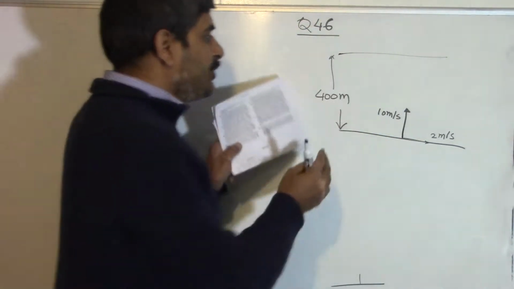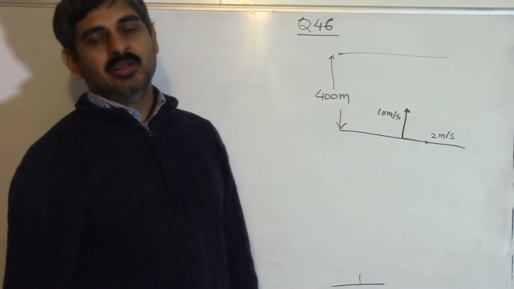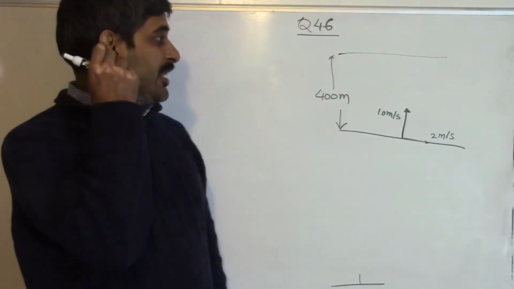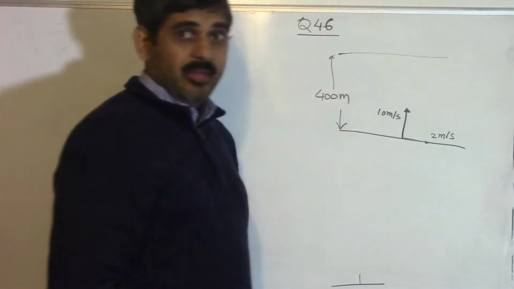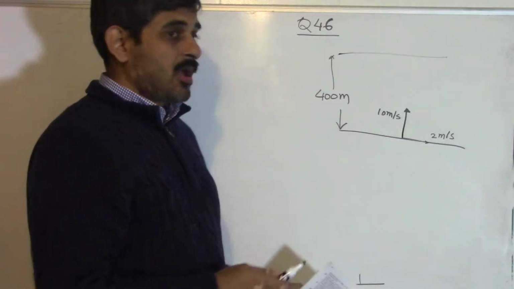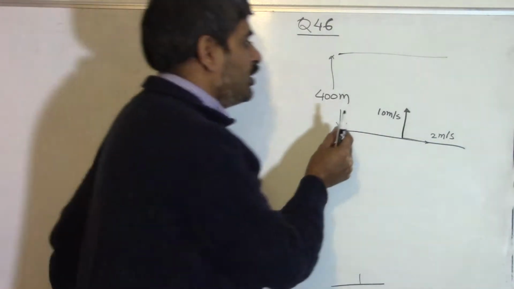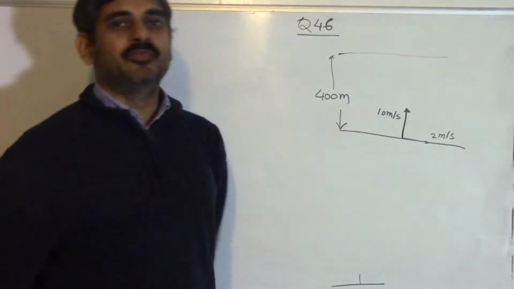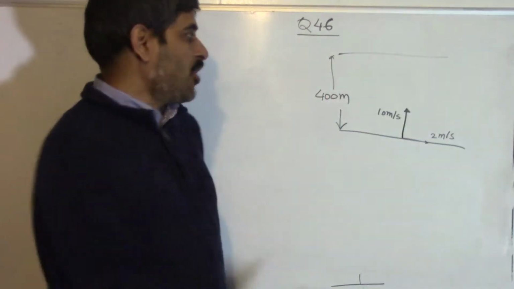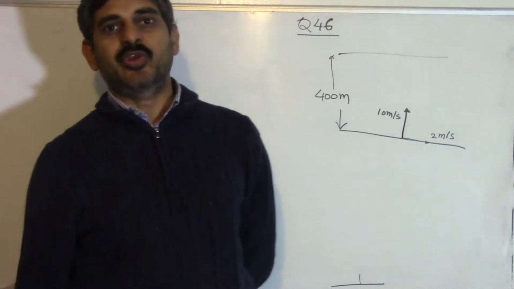But what if the river is moving with 2 meter per second? This speed, as observed by someone flowing with the speed of the river, is 10 meter per second.